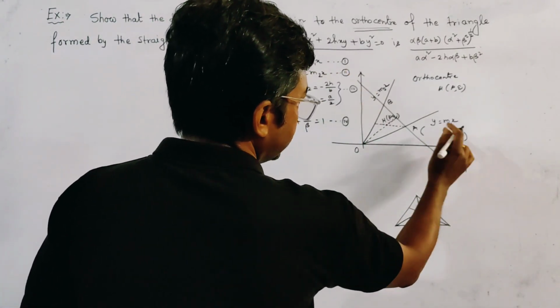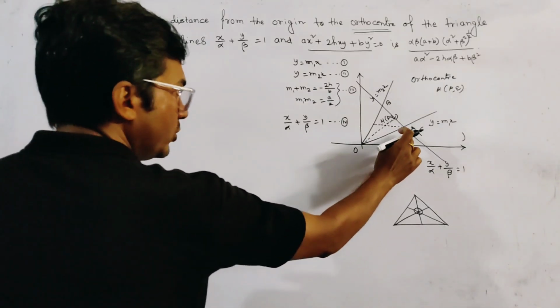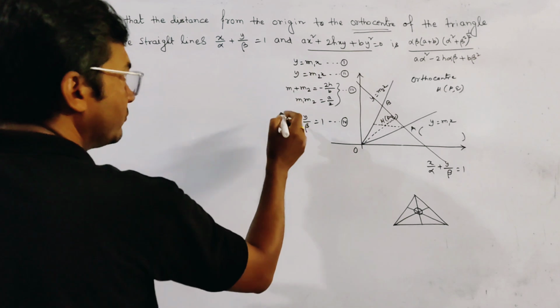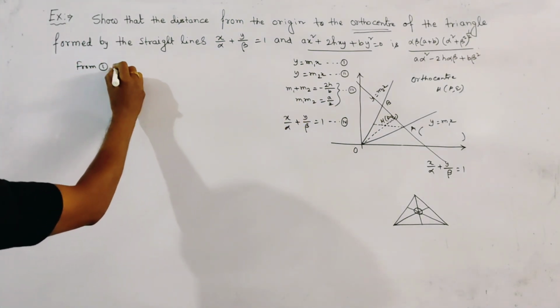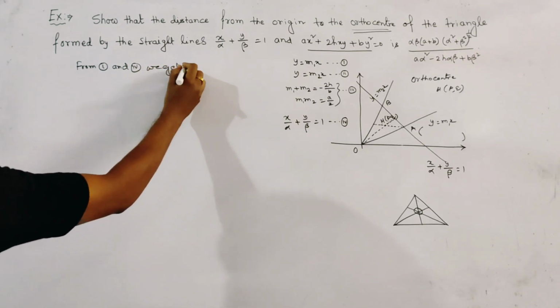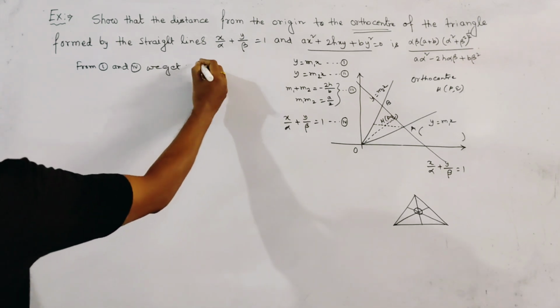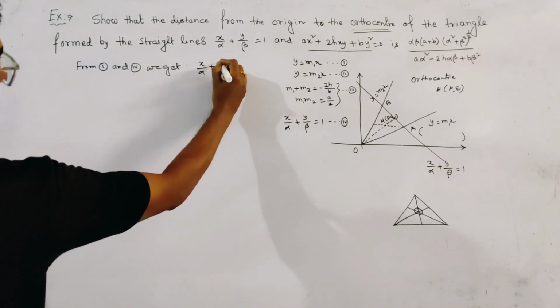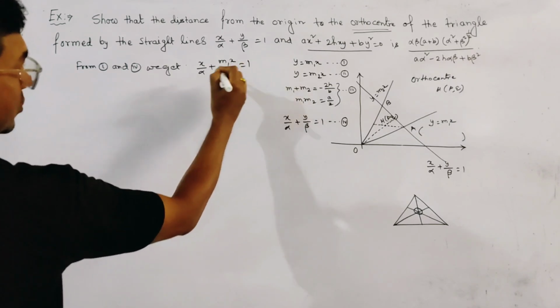We want to find this point of intersection, that is, the coordinates of A. To find the coordinates of A, we solve 1 and 4. Putting y = m1x here, we get x/alpha + m1x/beta = 1.